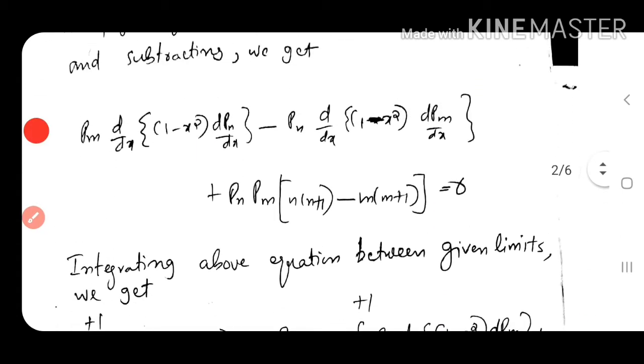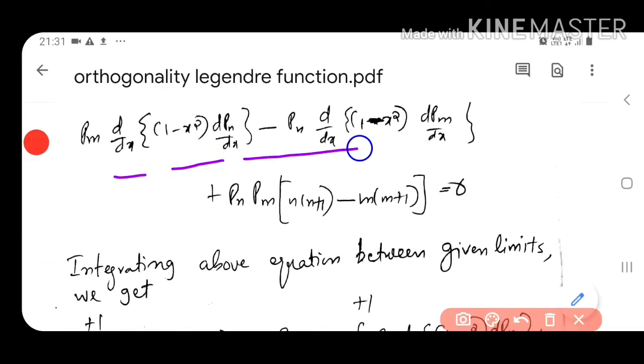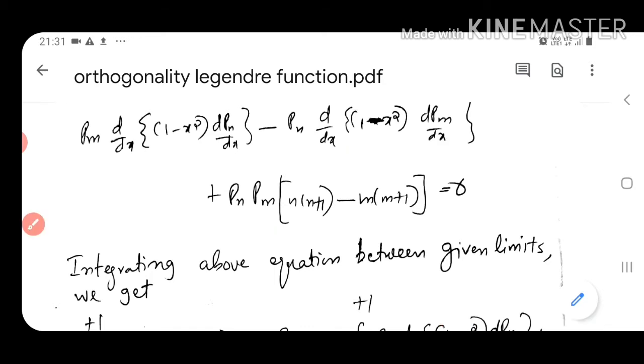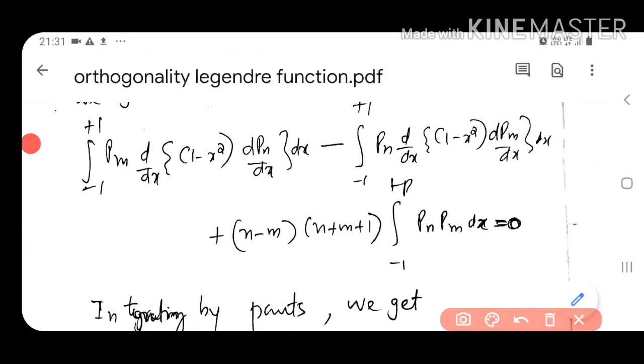Now once we have this equation with us, we integrate the entire equation between the limits minus 1 to plus 1. So as we integrate, we will get the integral from minus 1 to plus 1 of Pm d by dx of this, similarly the integral of Pn d by dx of this.